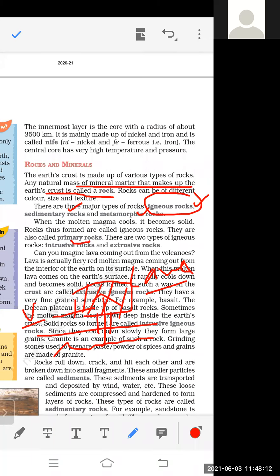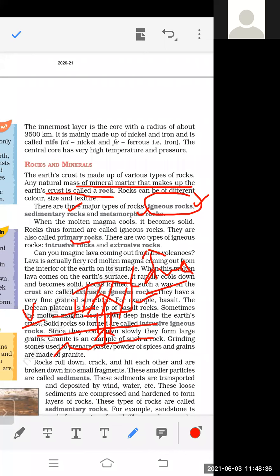These are also of two types. As I told you, when the lava comes on the surface of the earth and solidifies, it is known as extrusive rocks, because they are formed over the surface of the earth. But sometimes what happened, this lava did not come on the surface.